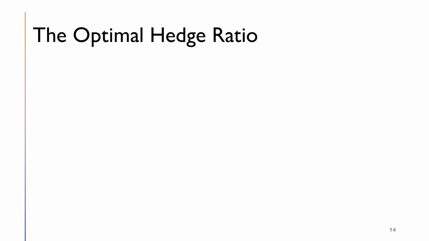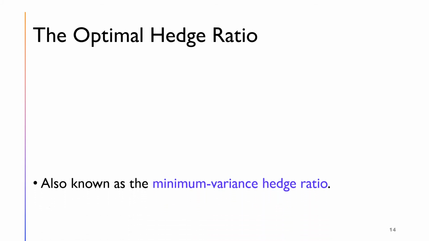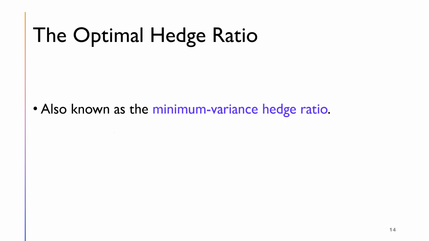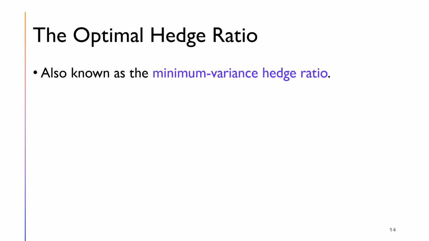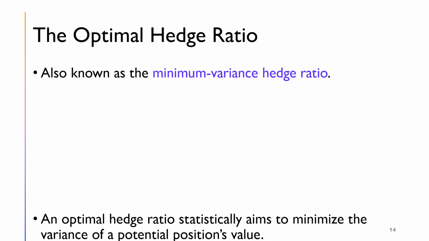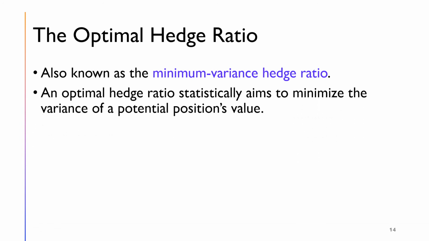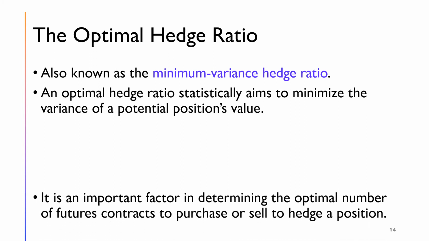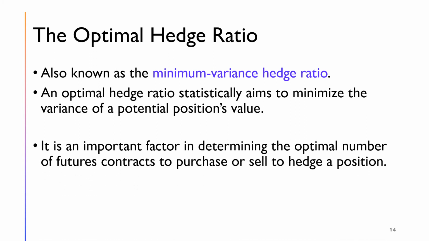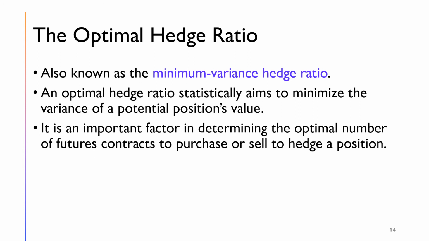The optimal hedge ratio is also known as the minimum variance hedge ratio. An optimal hedge ratio statistically aims to minimize the variance of a potential position's value. It is an important factor in determining the optimal number of futures contracts to purchase or sell to hedge a position.